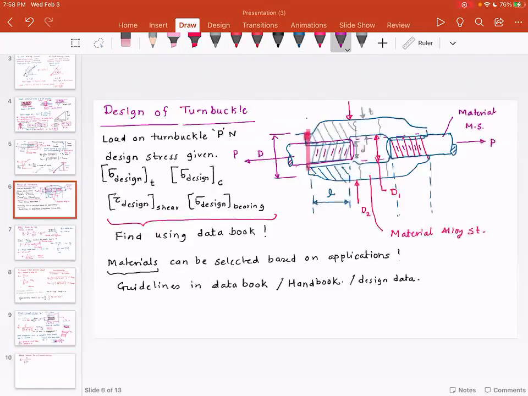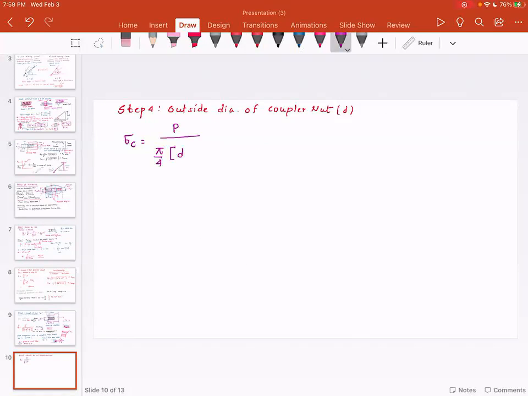Okay, let me make sure I have used, okay, I need to use capital D. D square minus DC square multiplied by N.